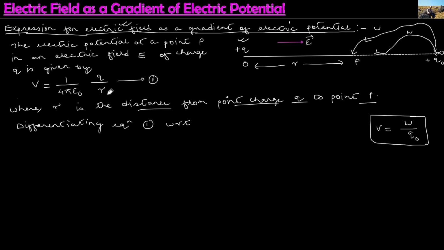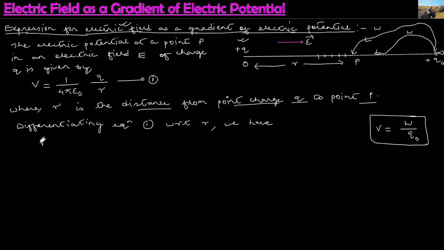What is the variable which keeps on changing over here? The variable is the distance. That means the distance might vary between all these points. So you have to take the differentiation with respect to r, which means we have to differentiate both sides of equation 1.